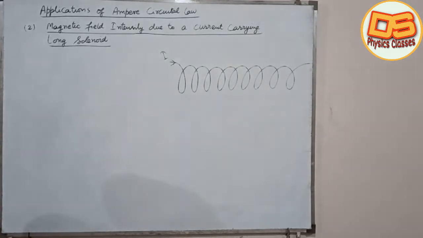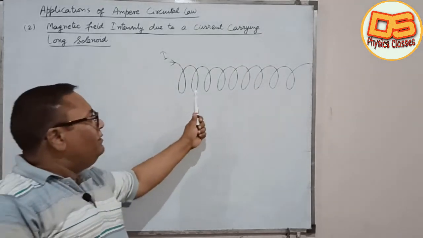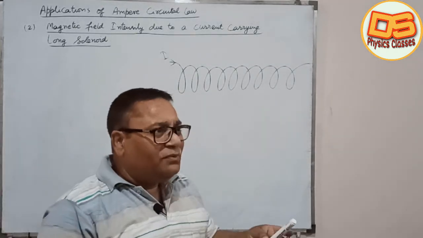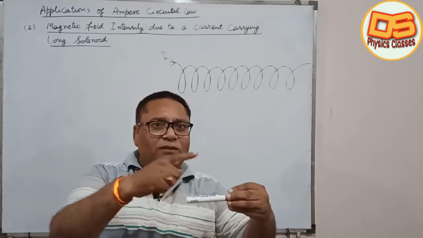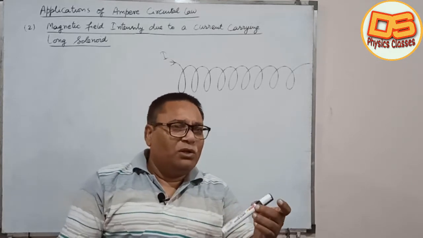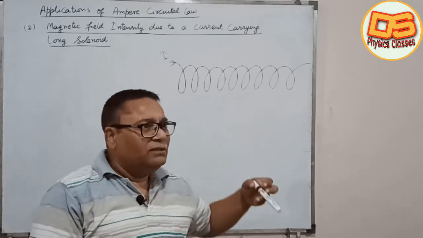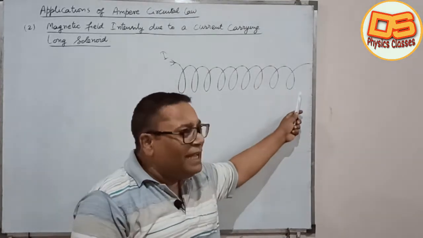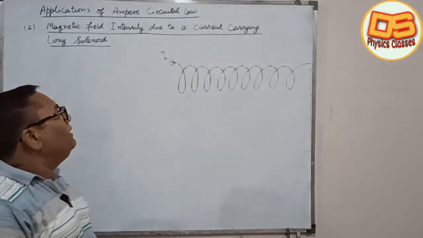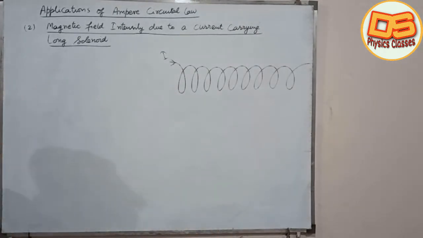The next part, the second example, is magnetic field intensity due to a current carrying long solenoid. What is a solenoid? If we wind a straight conductor on a hollow tube so that its shape is a helix, then it is called a solenoid.